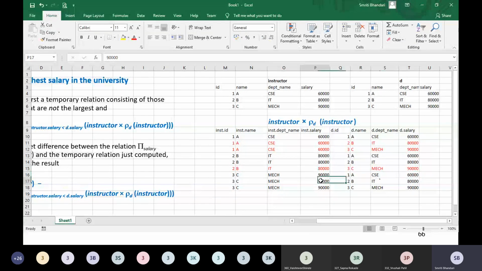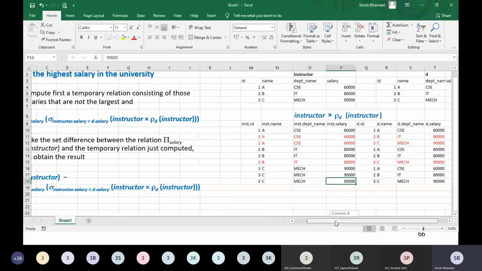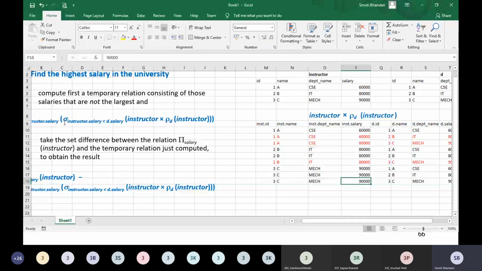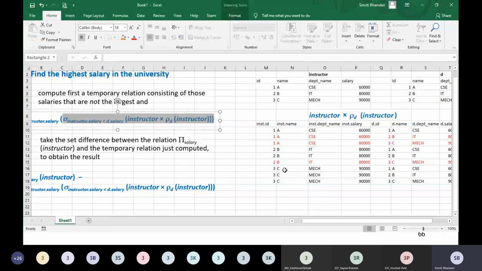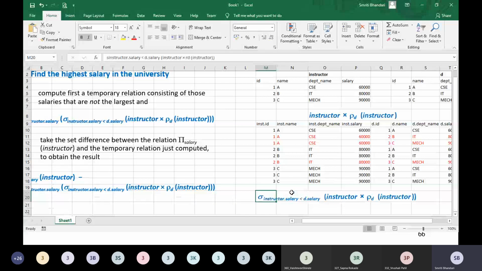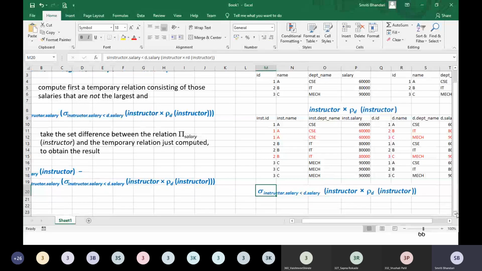Then what about this 90,000, 60,000? No. 90,000, 80,000? No. 90,000 is less than 90,000? No. So ultimately, what we will be having now, see here, we are proceeding step by step so that you can understand what we are trying to do.